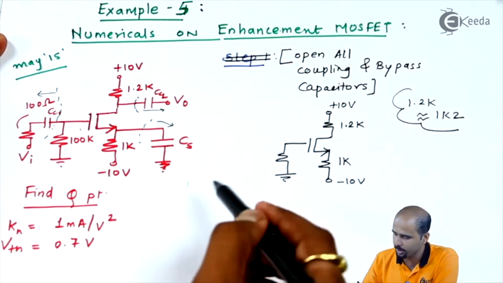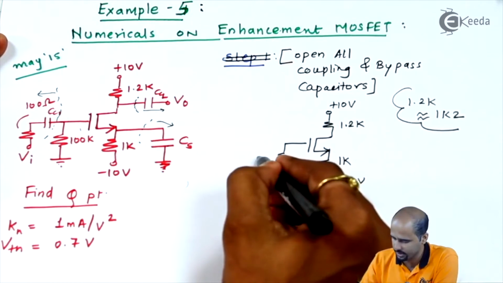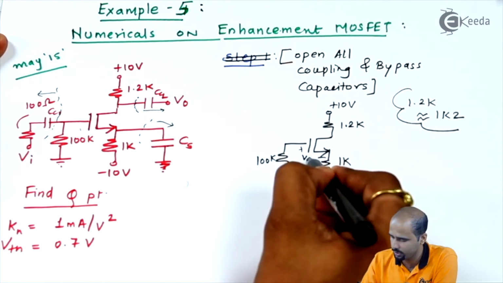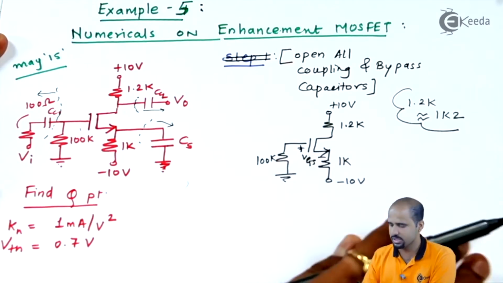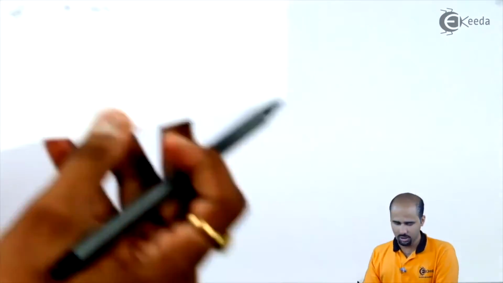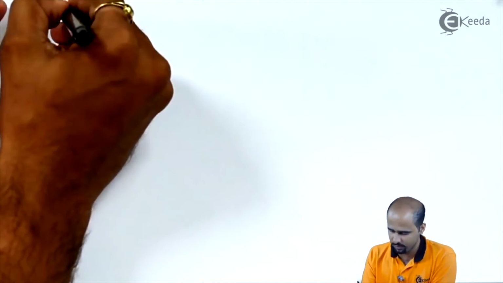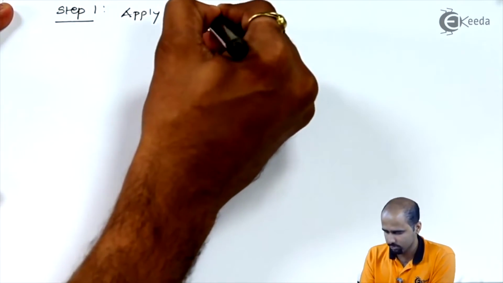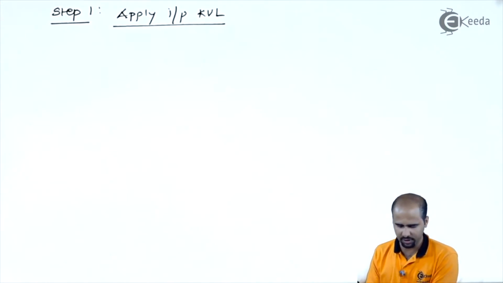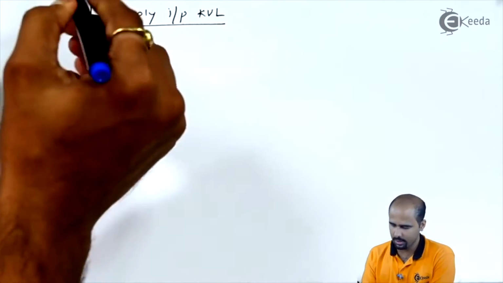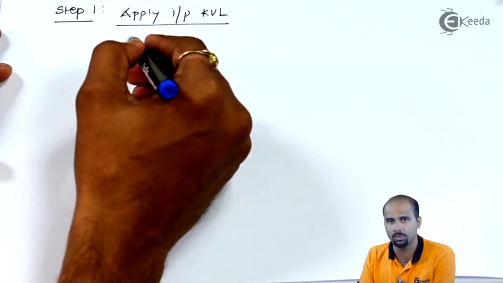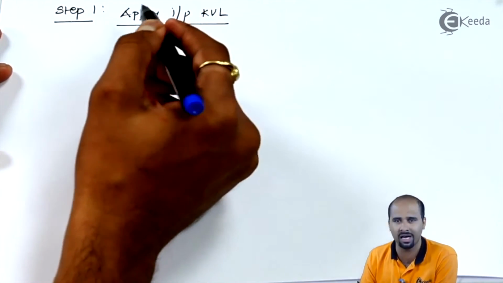Coming to step number 1, this is 100k. This is particularly VGS. Step number 1, applying input KVL. The starting point of the input KVL is from the 100 kilo ohm, that is nothing but the RG.